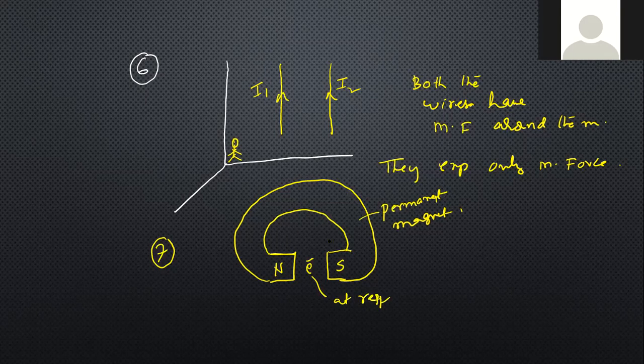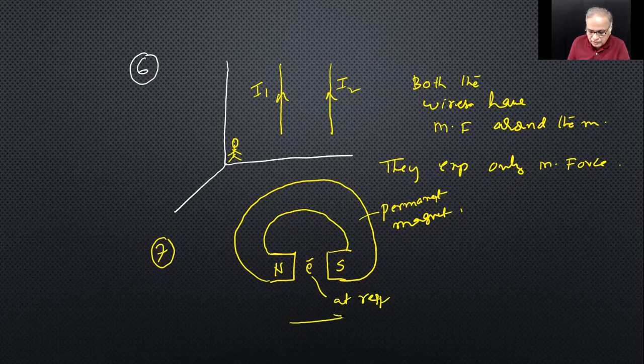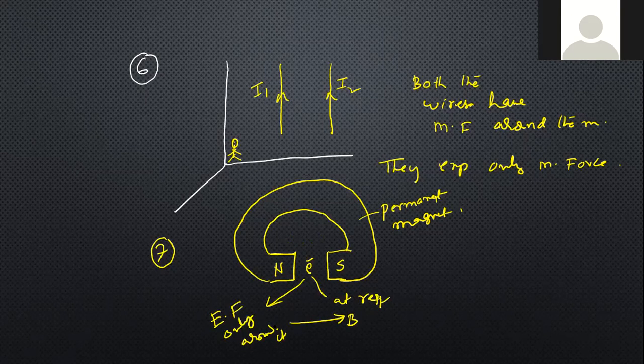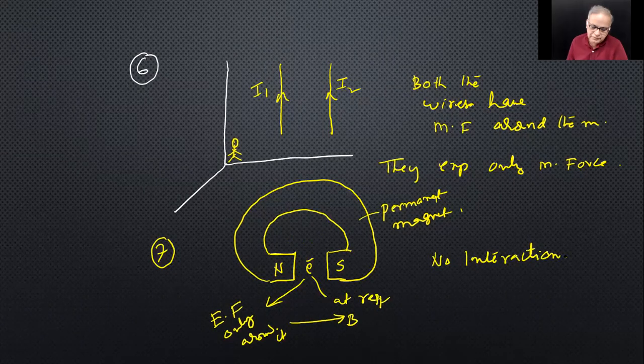This permanent magnet has a magnetic field, which is generally directed from north to south, and we call it B. This electron has got an electric field only around it. Do you follow? Yes. So no interaction. All right.